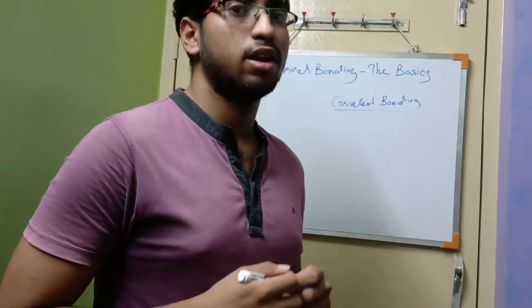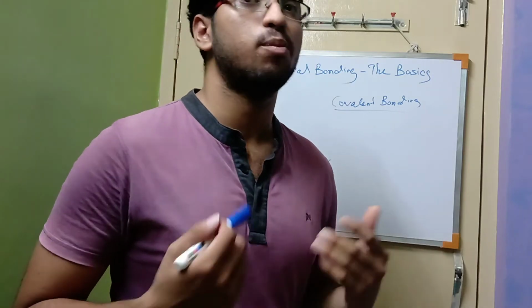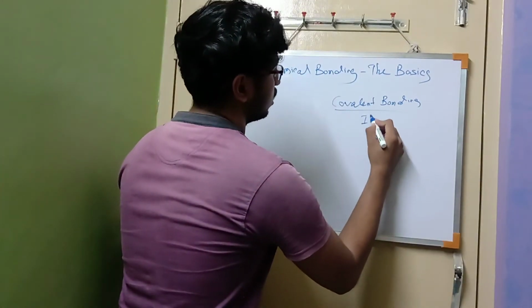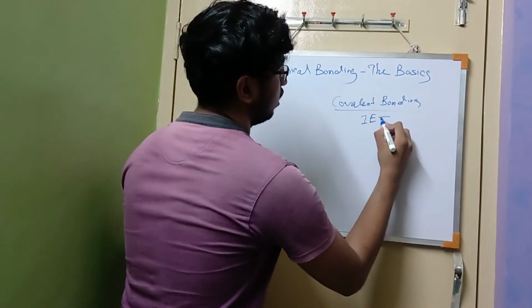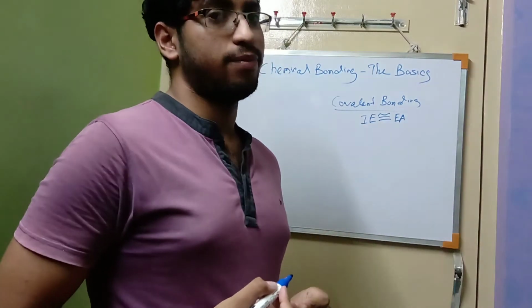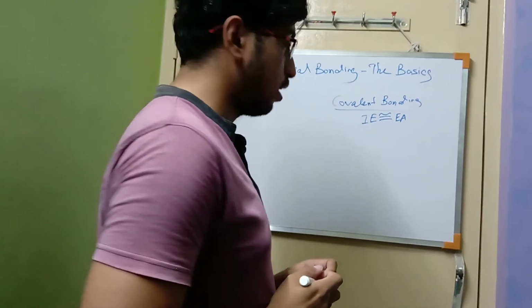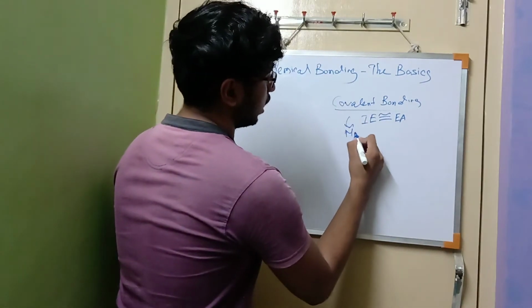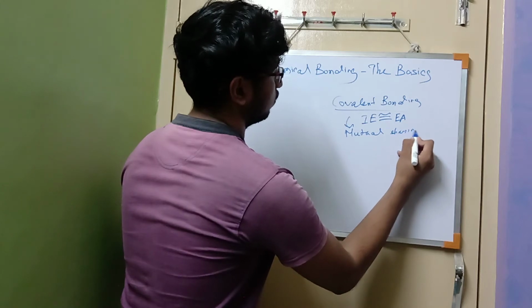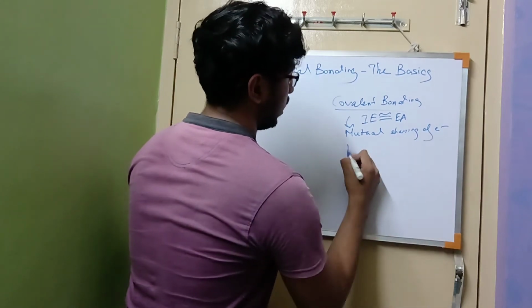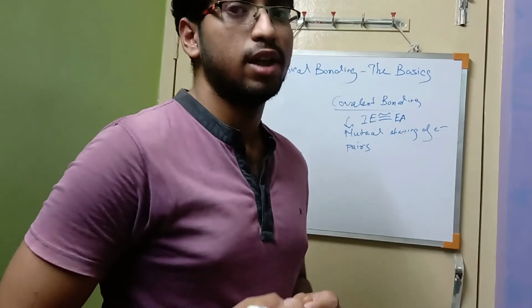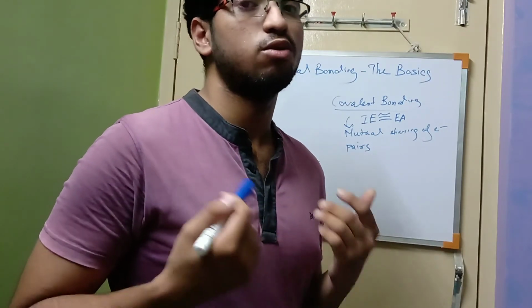What happens? There is a mutual sharing of electron pairs. Basically, ionization potential and electron affinity are nearly the same, so there is a mutual sharing of electrons. Electron pairs, and the number of pairs shared between atoms is equal to the number of bonds formed.